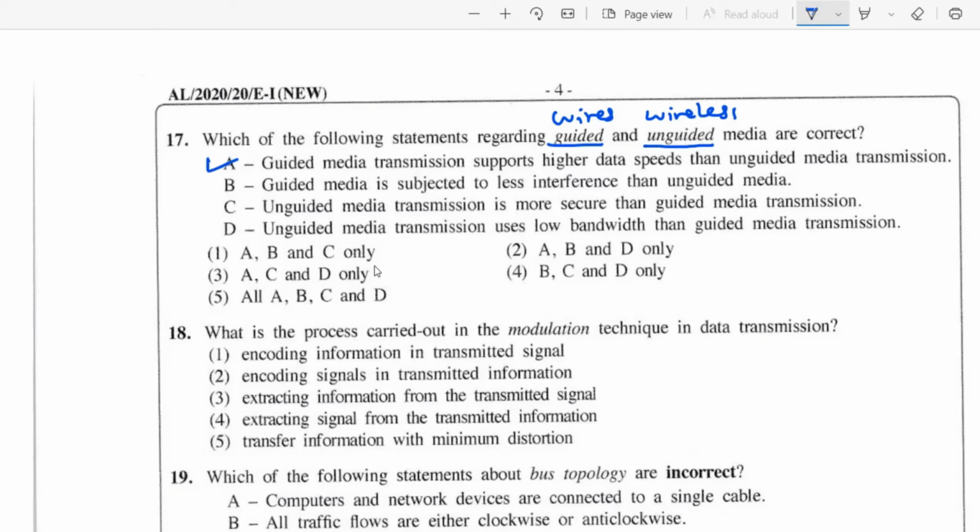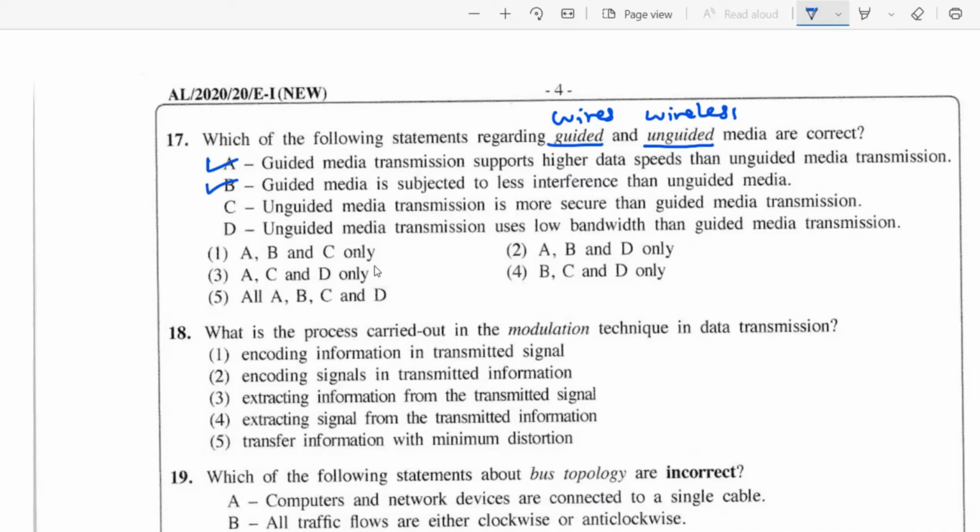Yes, there is a lesser amount of disturbance for guided media transmission compared to unguided media transmission. When a wireless signal is broadcast through the air, there are so many possibilities of disturbances compared to wired media. So that is correct.